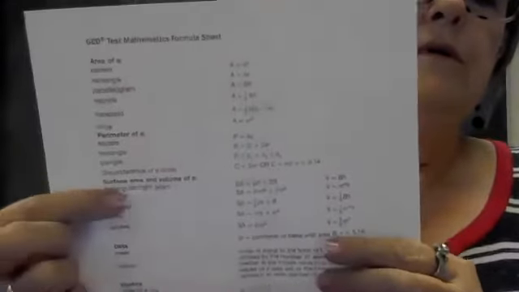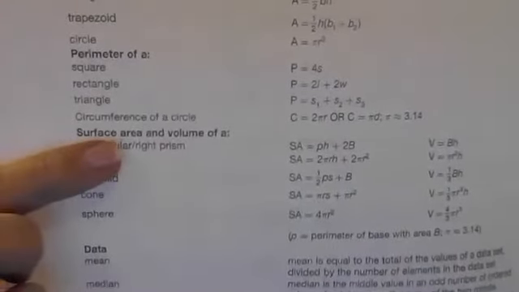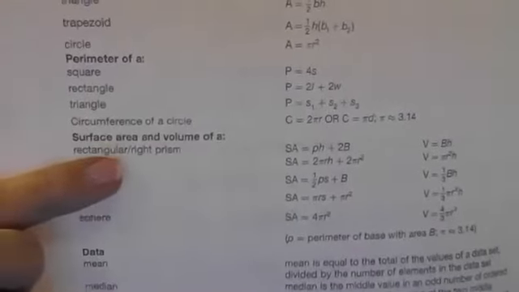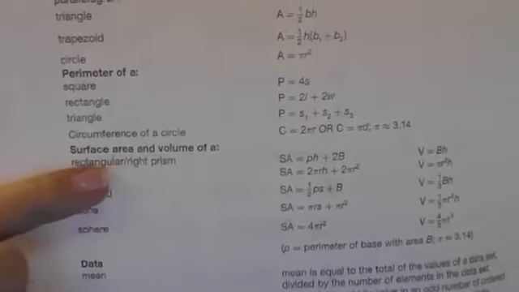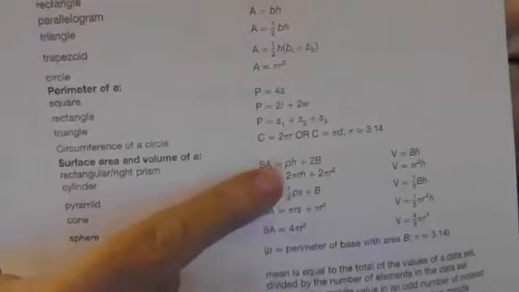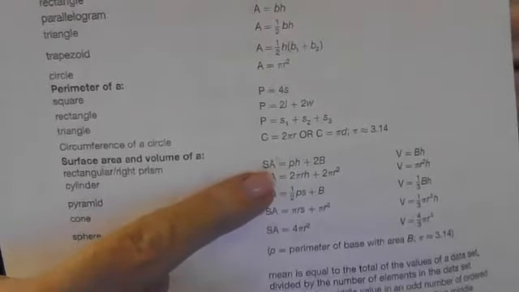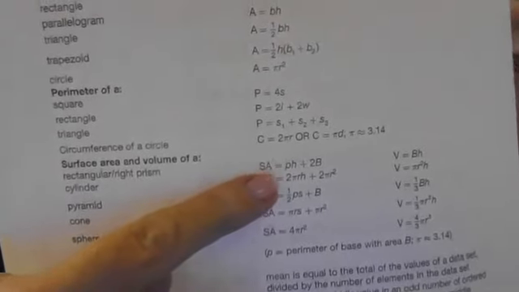Okay, you'll look on your formula chart and toward the center, it says surface area and volume. That means they gave you 2 formulas. So for the rectangular right prism, the SA means surface area. So let me put this on the board and explain it to you, and we'll do number 1.